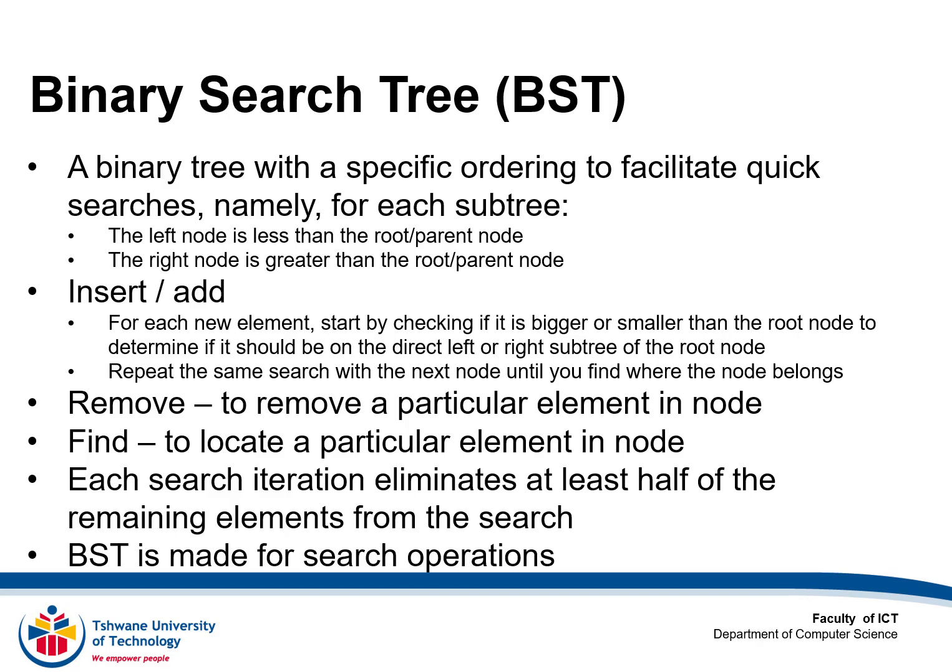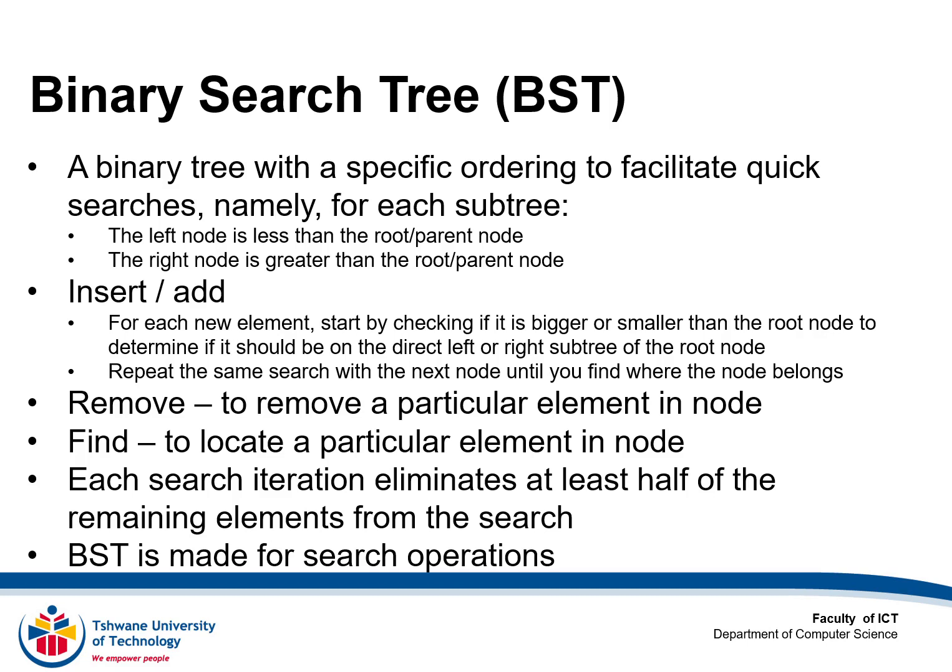In other words, you can't haphazardly insert elements. You need to know whether they belong to the left subtree or the right subtree. In other words, is the element less or greater than the parent or the root? You then have to repeat the same test until you get to where the node belongs.